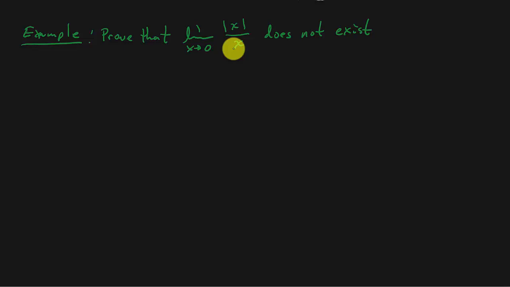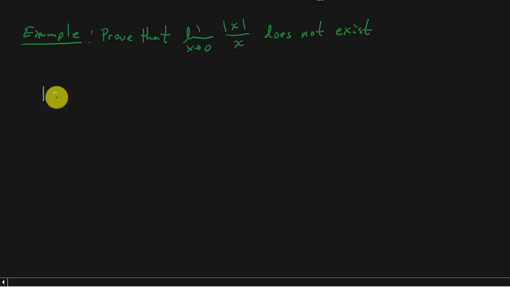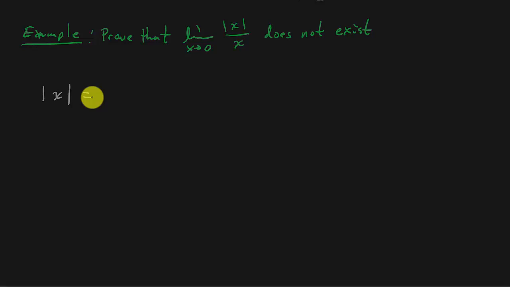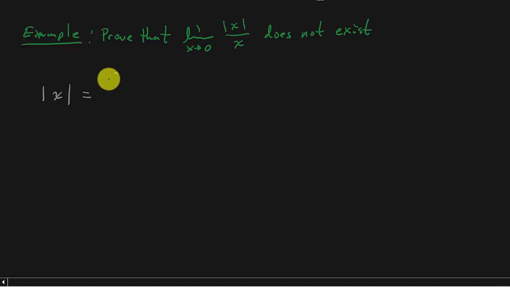Now, before we get to that, let's look at this. Remember your absolute value function. Now, some of you might have seen this, some of you may not have. Just remember that the absolute value of x is equal to x if x is greater than or equal to 0 and equal to negative x if x is less than 0.